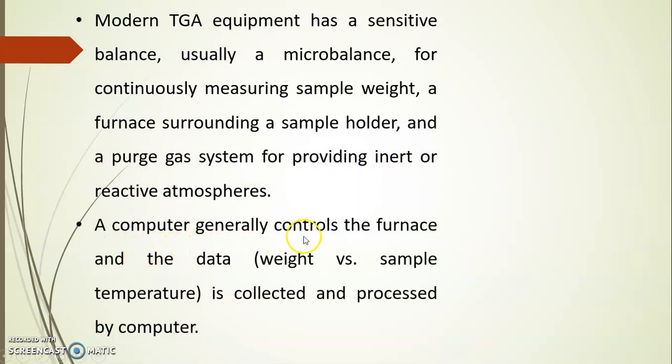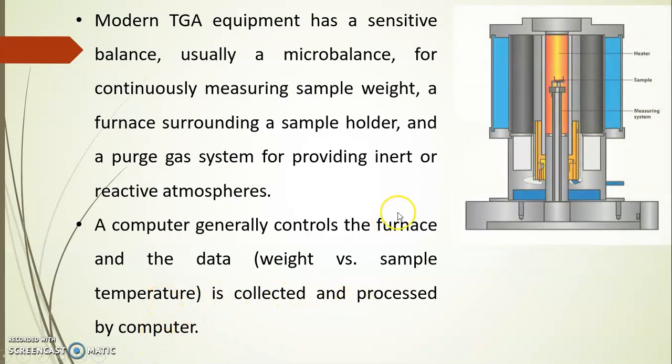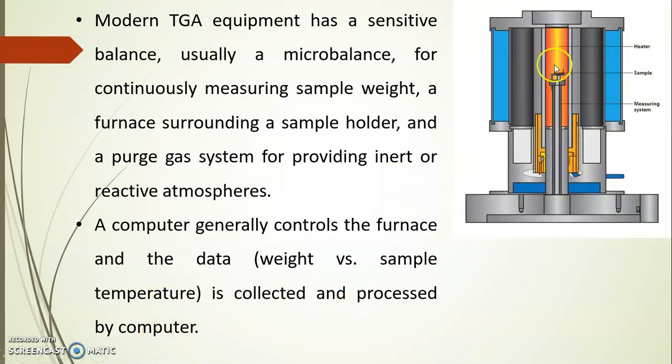A computer generally controls the furnace, and the data, meaning weight versus sample temperature, is collected and processed by the computer. Between the furnace and sample holder we supply the purge gas for atmosphere control.